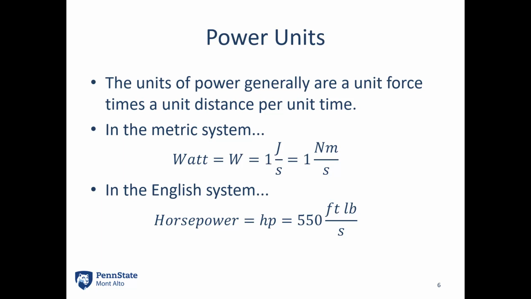This also works for rotational systems because our moment would be Newton meters or foot-pounds, and our delta theta is in radians, which is unitless. So the units work out the same, rotational or translational. We've got watts or horsepower.